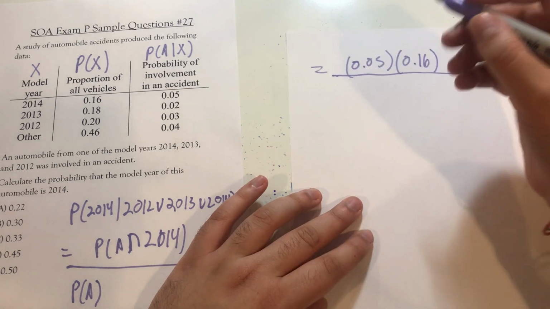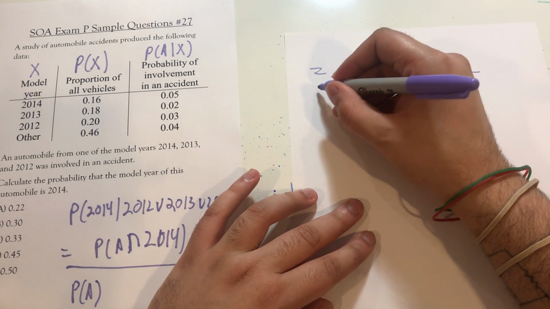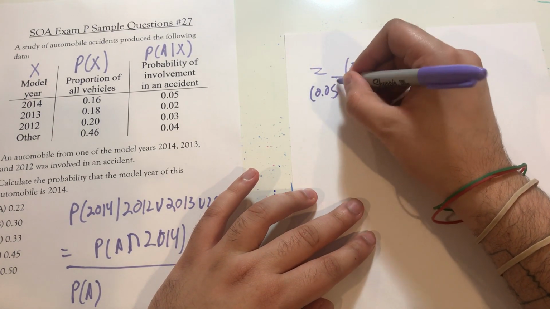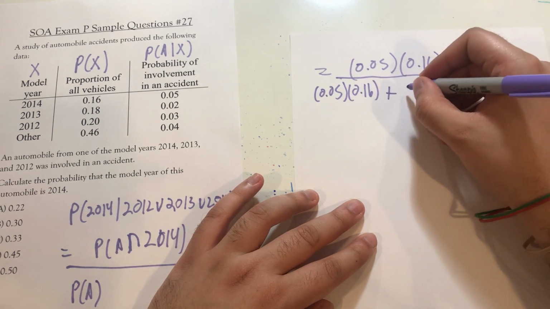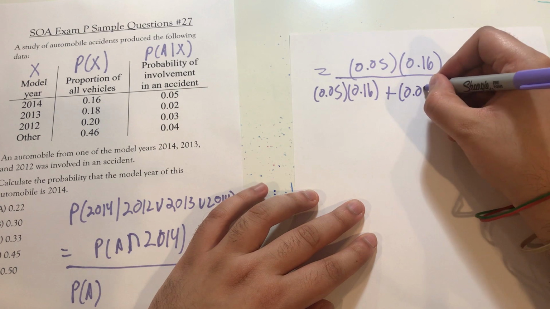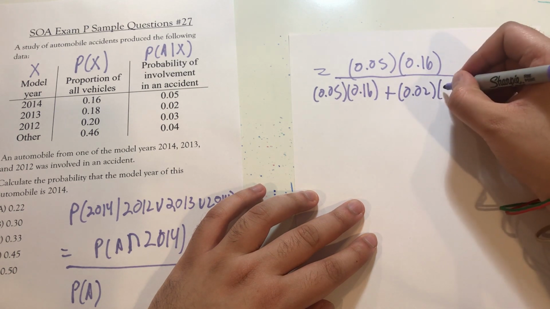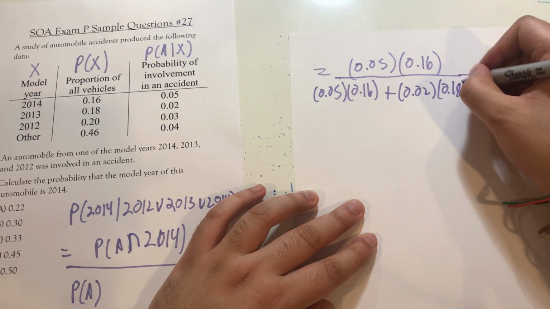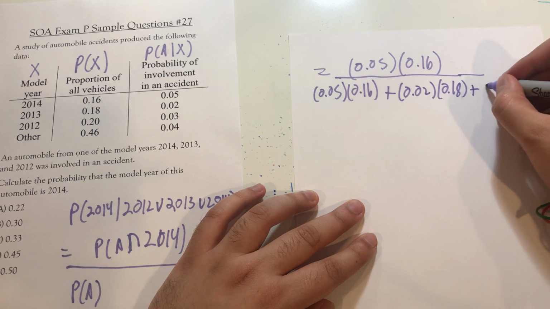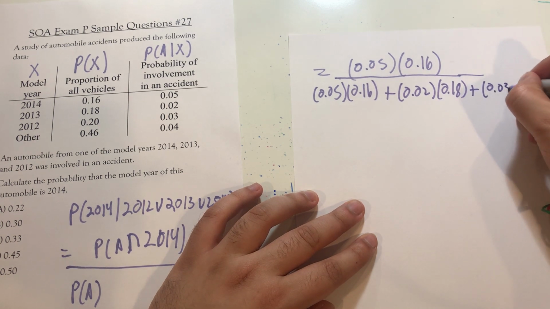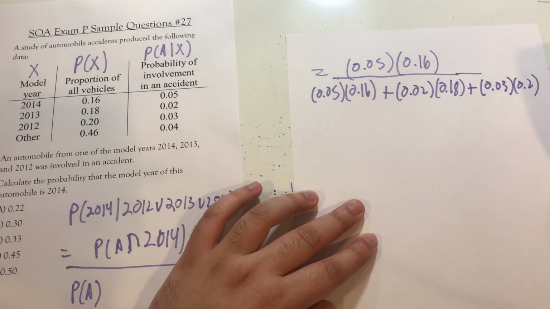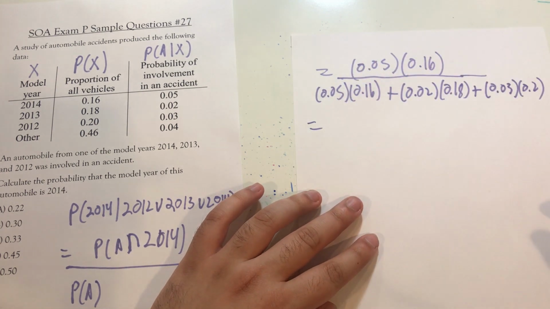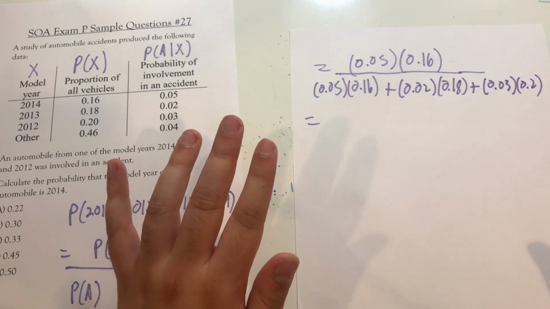And that will be, 2014 is 0.05 times 0.16 plus 0.02 times 0.18 plus 0.03 times 0.2. And this is something you can just put into a calculator, right?